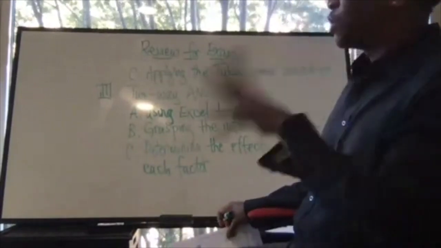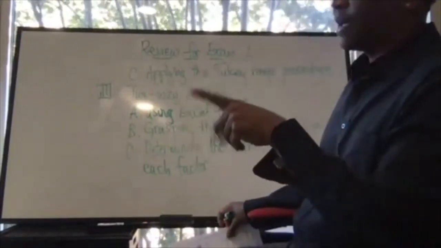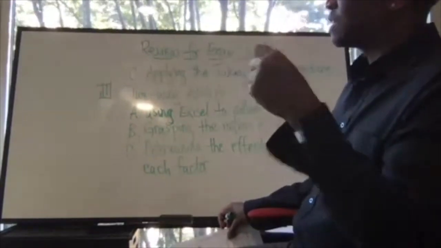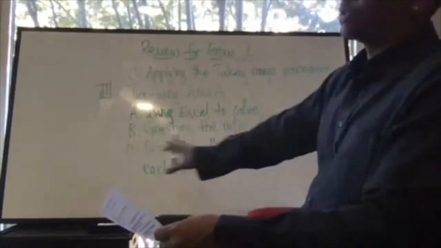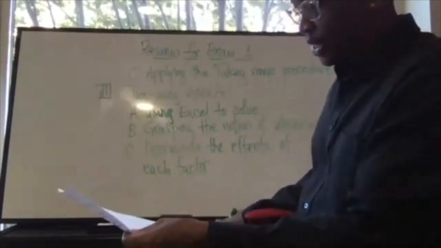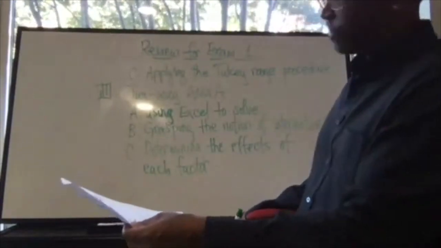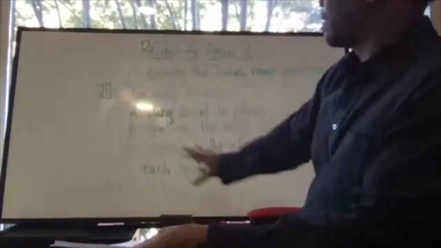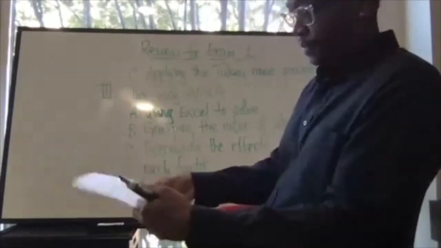I may or may not have to go to step 2 and step 3, or factor A or factor B, but if I end up accepting H sub 0, that there is no interaction, then I have to move on to what's going on with factor A and B. So you're going to have to know when to stop or when to keep moving forward. But again, anything involving two-way ANOVA, I would never ask you to find anything by hand, only on Excel, either giving you a printout.